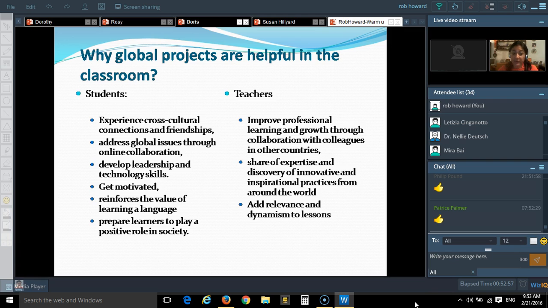This reinforces the value of learning the language. They really understand why it is important to learn the language. And they prepare to play a positive role in the society, because when they are working with different cultures, they learn to affect others, and they learn a lot more things than just what's my name and where are you from, and grammar that we teach in a EFL situation.